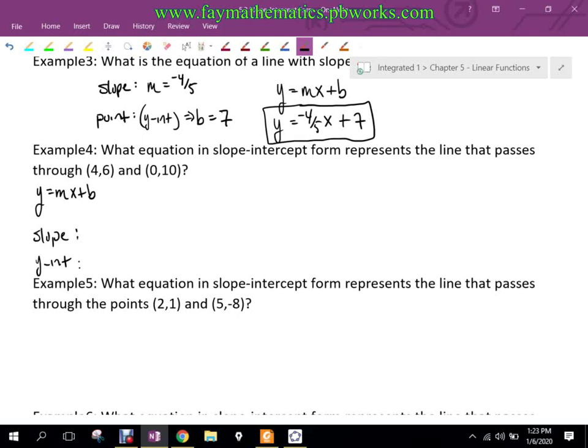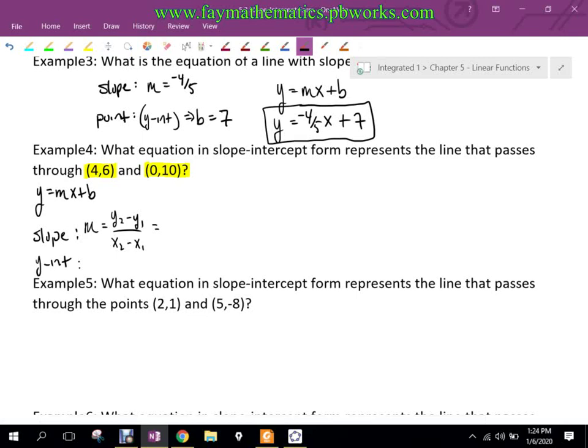They hide the slope. And they hide the slope by giving you 2 points, right? If you have 2 points, can you always find the slope between those 2 points? Using the formula. Good. So we should be able to use that to come up with the slope of this line that goes through those 2 points.